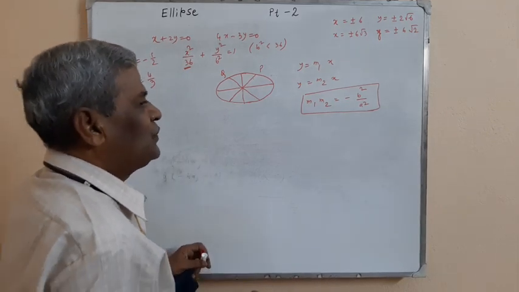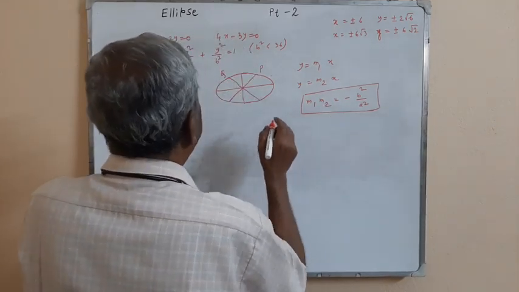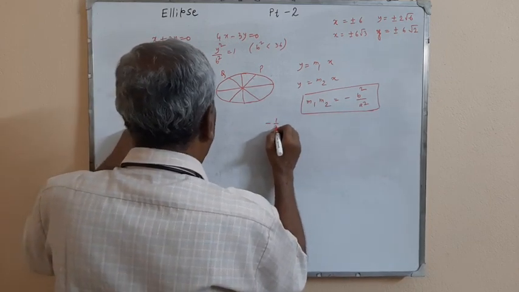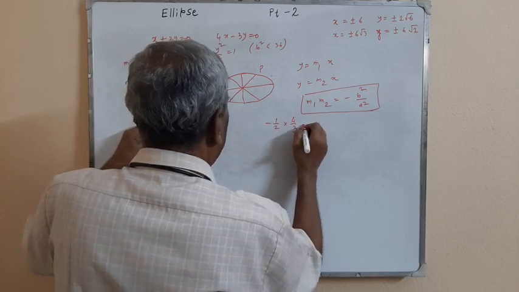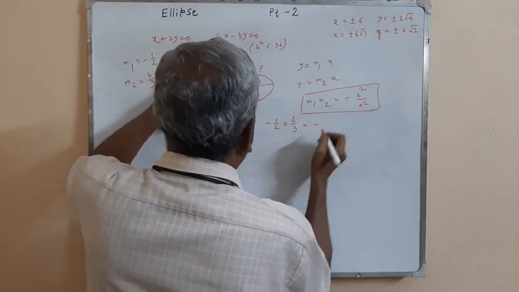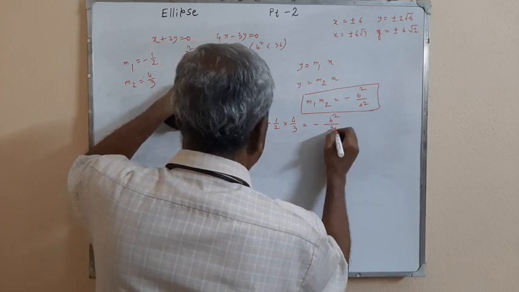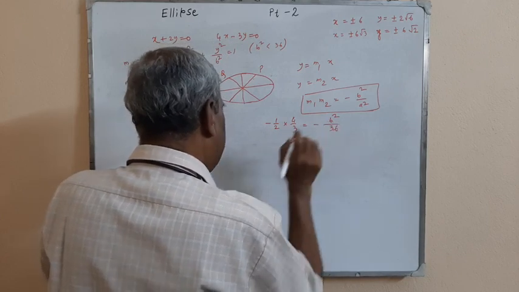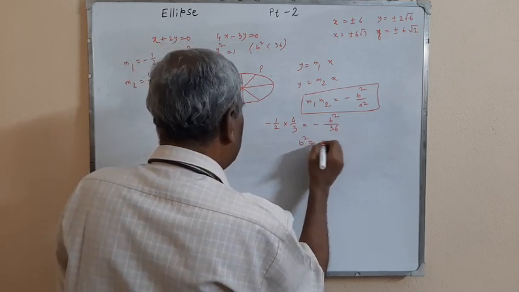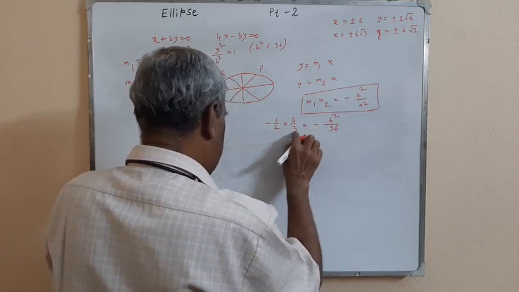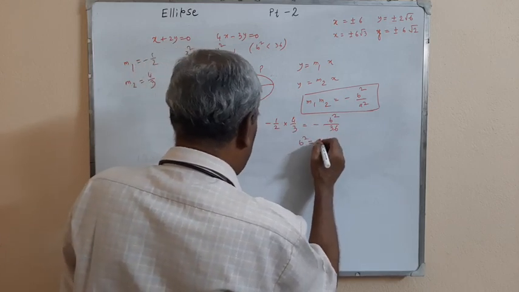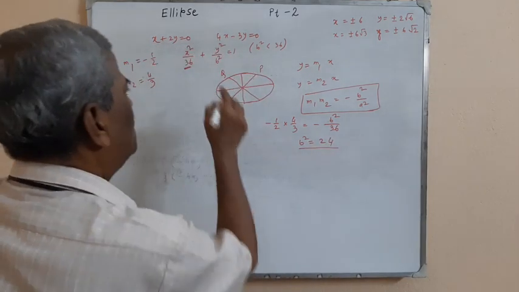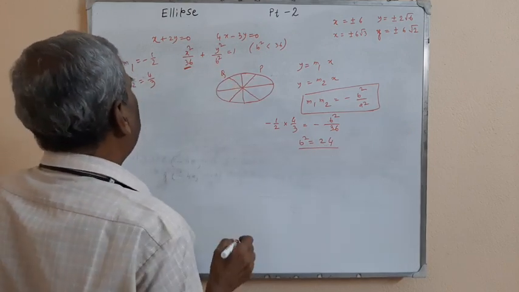As we are given that m1 m2 is equal to minus b square by a square, we must have minus half into 4 by 3 is equal to minus b square by 36, as a square is 36. The negative will be cancelled and b square is equal to 6 into 4, that is 24. So we get b square is equal to 24.